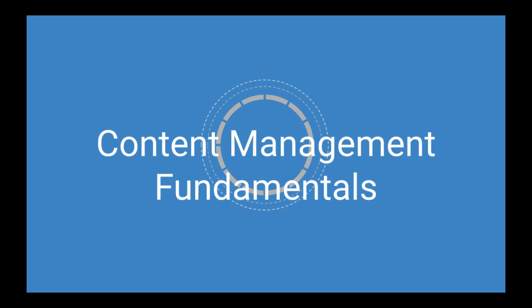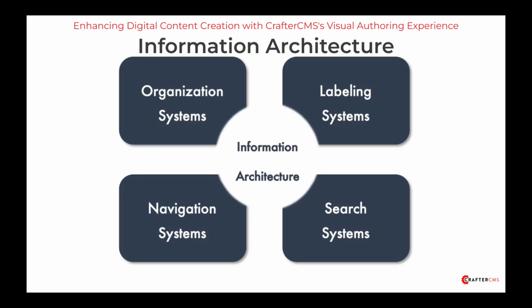And the first component of those fundamentals is what we call information architecture. And this has to do with the organization systems in the platform, the labeling systems, navigation, and search support, and so on. And I think we saw examples of those components throughout the demo. You could see the information architecture, the organization system in the left-hand toolbar with the various cabinets.